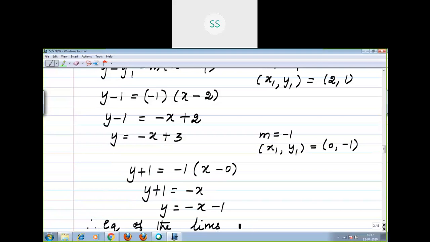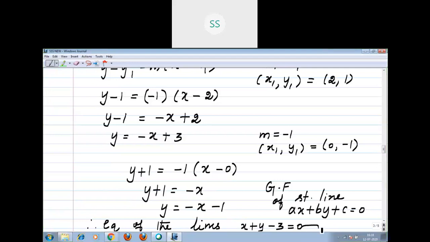General form of straight line, ax plus by plus c is equal to 0. The same thing you are going to apply here and write x plus y minus 3 equal to 0.